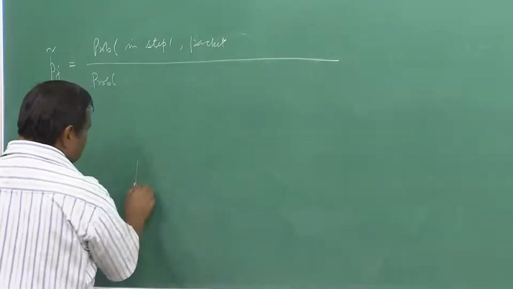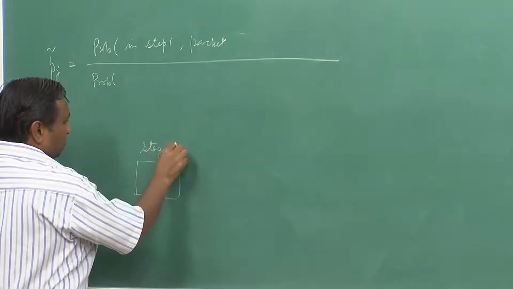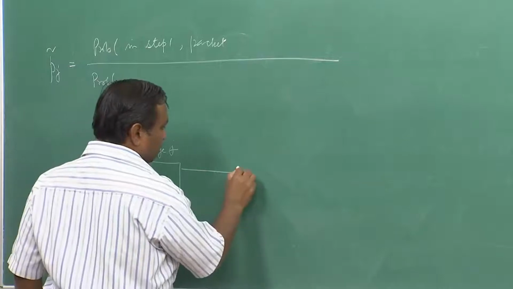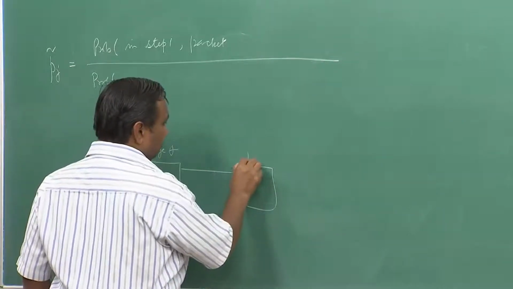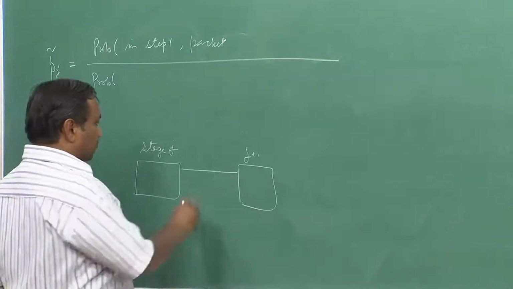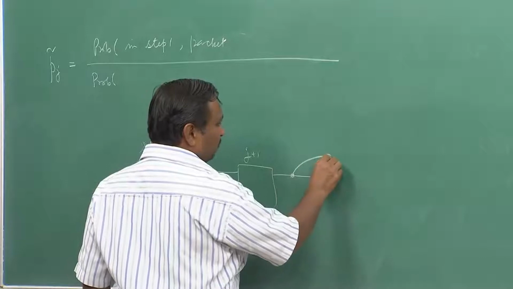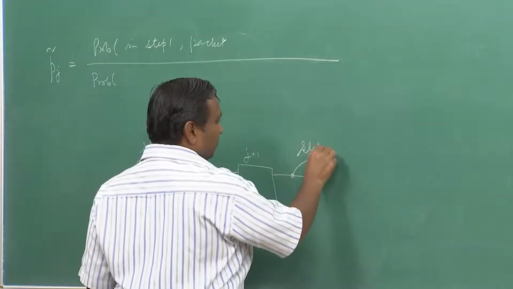What is happening is that stage j is connected to stage j plus 1. In j plus 1, the packet has already moved out, that is step 1 which has happened.